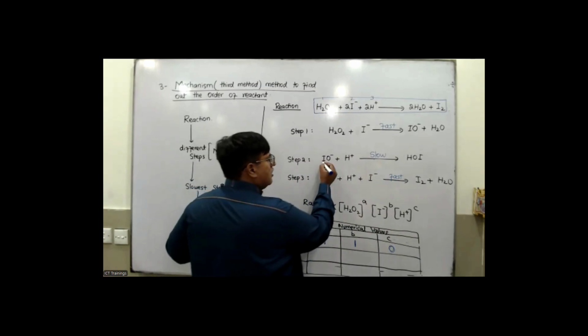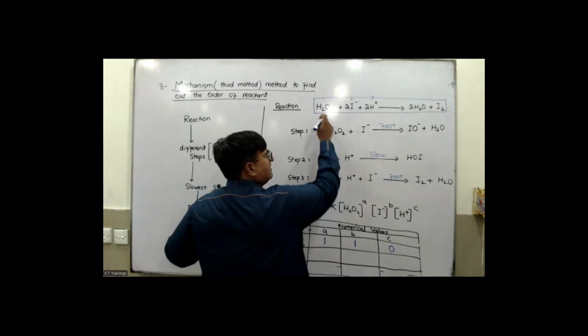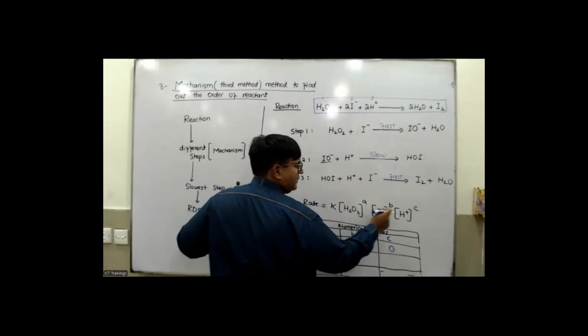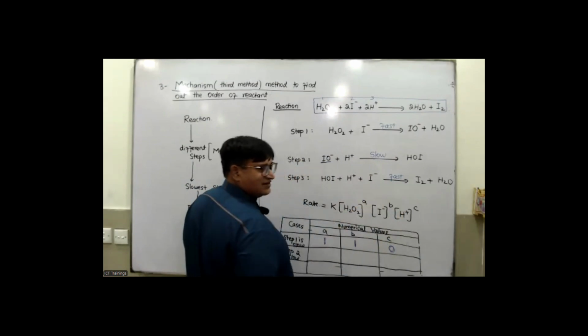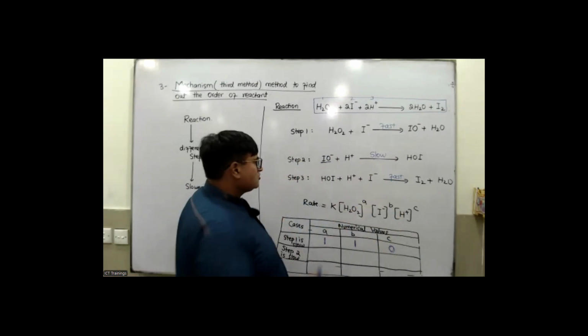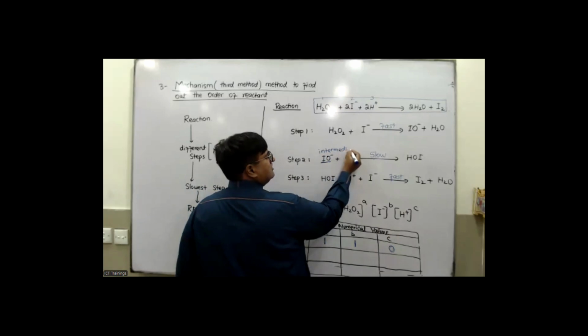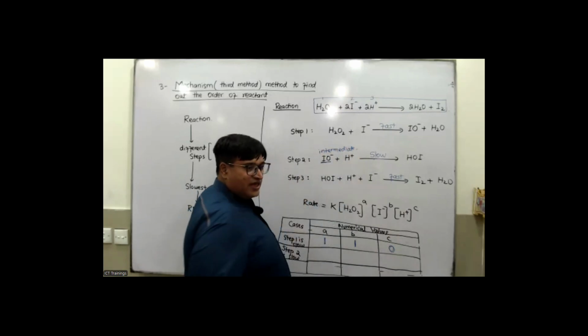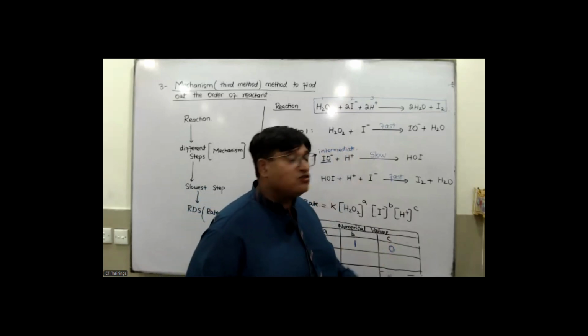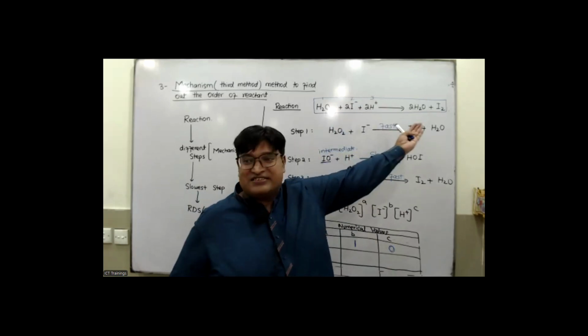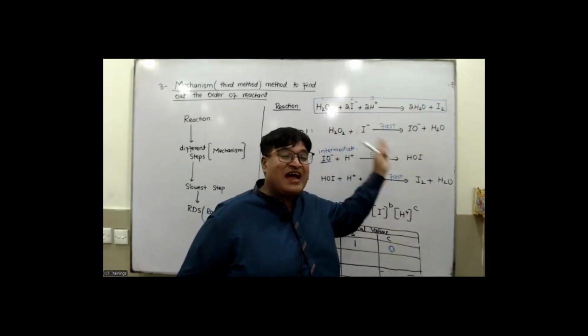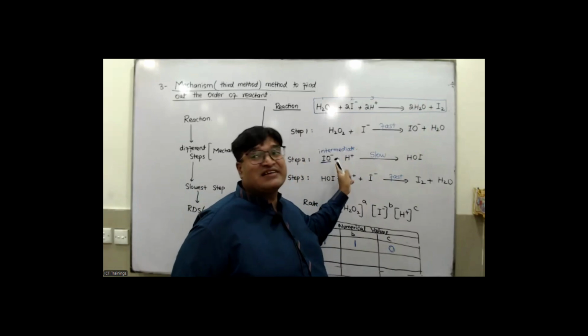Now, if we look, we have IO minus. But we haven't got any IO minus up here. It's not part of the reactants. So it's actually the intermediate. You have to find out from the previous step from which reactants this intermediate is made.